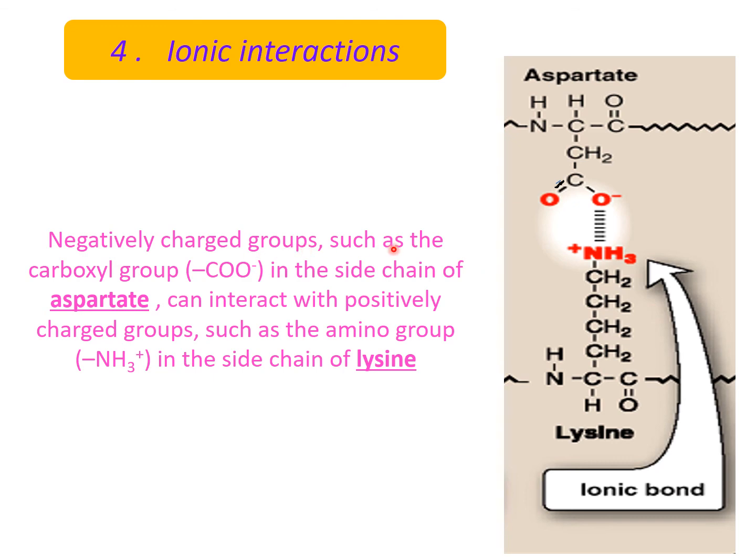Negatively charged groups such as the carboxylic group in the side chain of aspartate can interact with positively charged groups such as the amino group in the side chain of lysine. So the ionic interaction ensues between the negatively charged carboxyl group and the positively charged amino group of lysine.